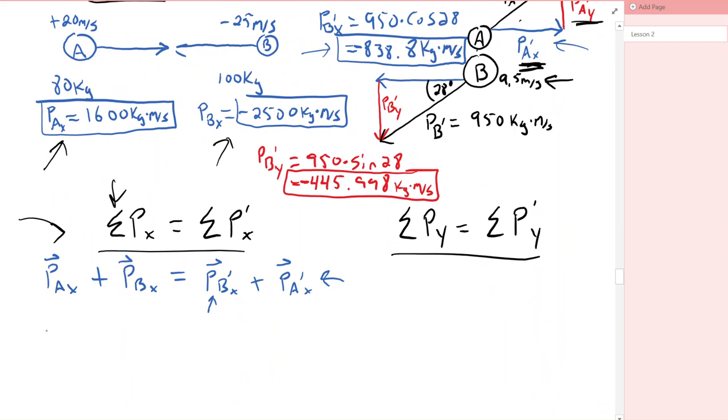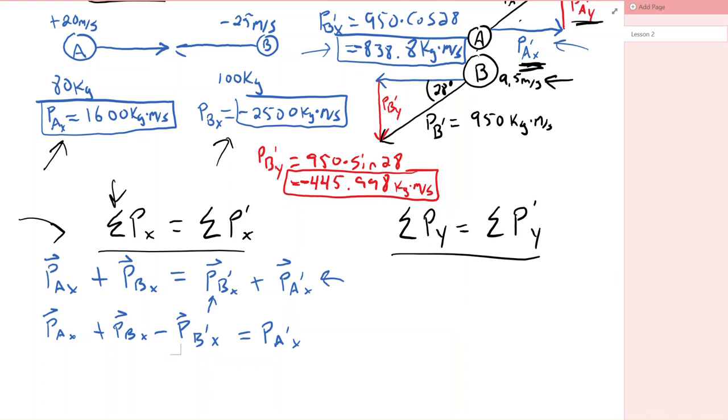So we'll say momentum of A in the x plus momentum of B in the x minus momentum of B after in the x is equal to what we're looking for, momentum of A in the x. And now let's fill in our numbers and make sure that we put the proper signs in there, right?